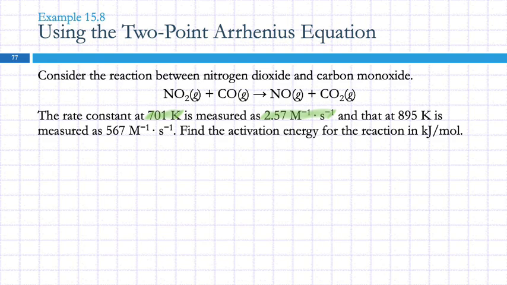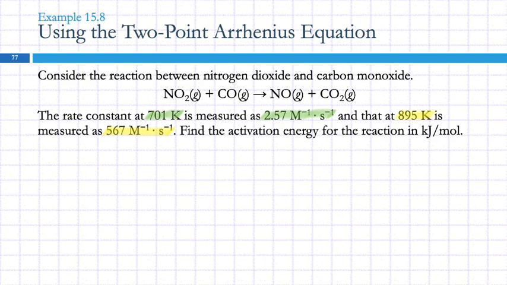And at a different temperature, at 895 Kelvin, the rate constant is 567 per molarity per second. Find the activation energy, and here they're asking for kilojoules per mole. So let's call the first one T1 and K1, and the second one T2 and K2.